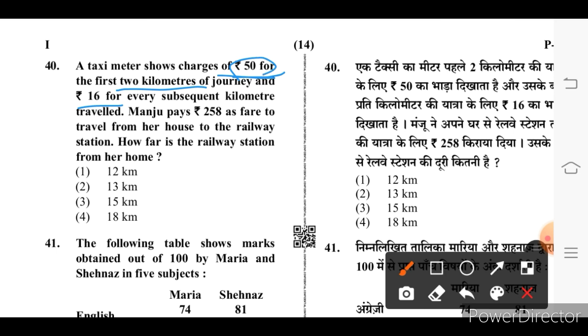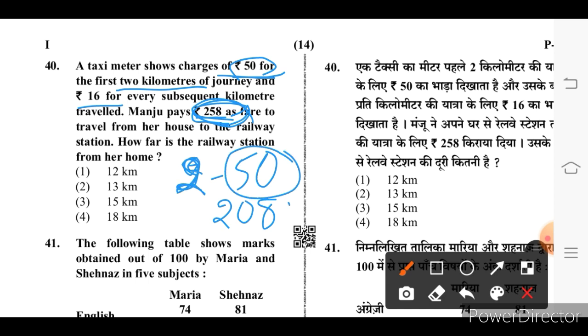So here she gave 258. In these kilometers, first she travels the first 2 kilometers for the charge of 50. So when we remove 50 rupees from this total, we have 208. 208 plus 50 is equal to 258. For 2 kilometers she already pays 50.